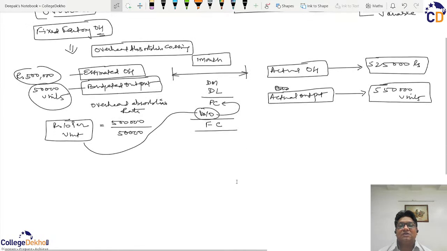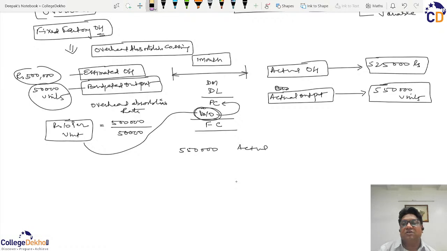And in addition to this, because you absorbed rupees 10 per unit of the overhead to each output produced, therefore, because the actual output was 55,000 units, sorry, one zero extra, so 55,000 units, because 50,000 increased by 10% is 55,000 units.